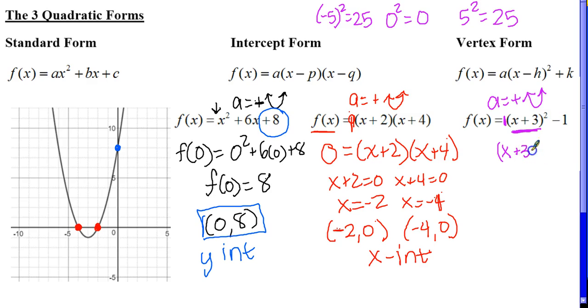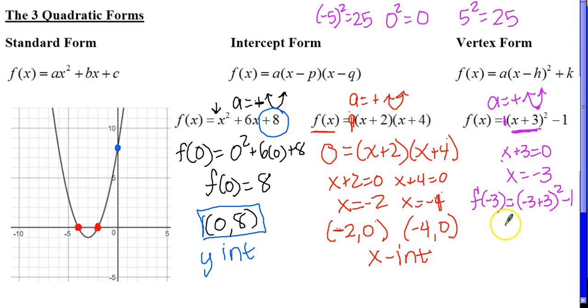So what would zero that out? Negative 3. So if x equals negative 3, I can find the very smallest value, which would be at the very bottom of my parabola. So if I plug in a negative 3, I get negative 3 plus 3 squared minus 1.